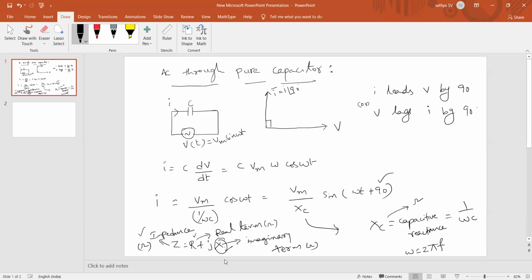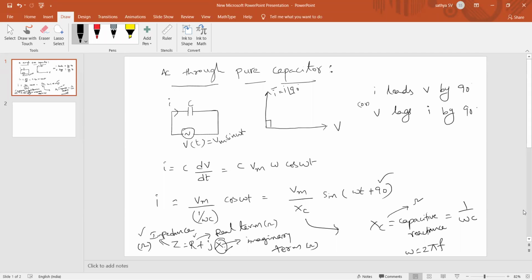The impedance R, X and Z. If anyone asks you the magnitude of impedance, that should be the square root of R square plus X square, where X may be XL minus XC. We can check that later for the combination circuits.